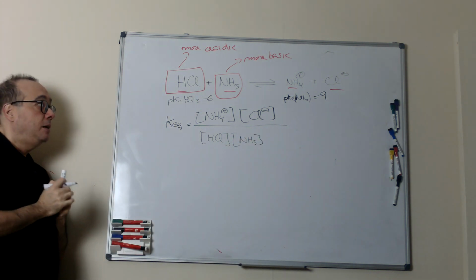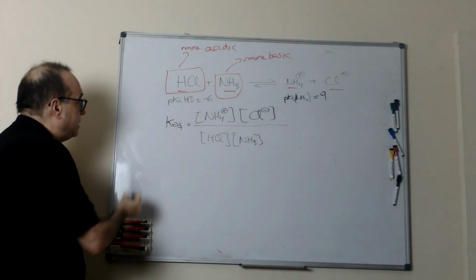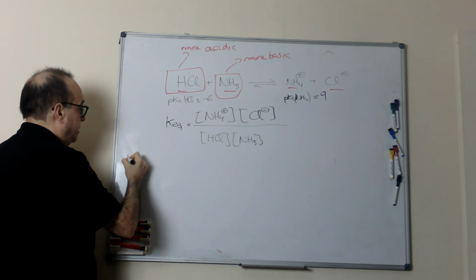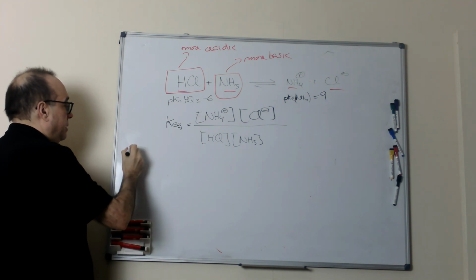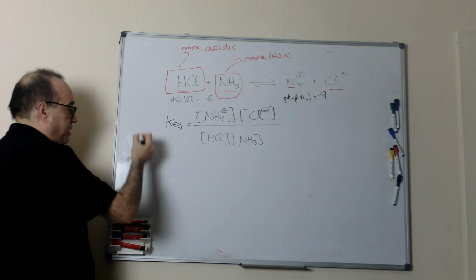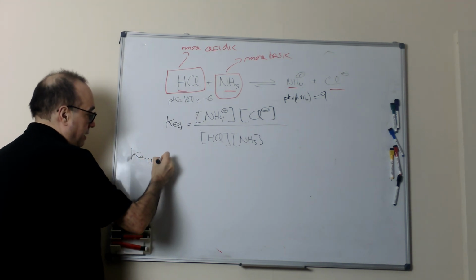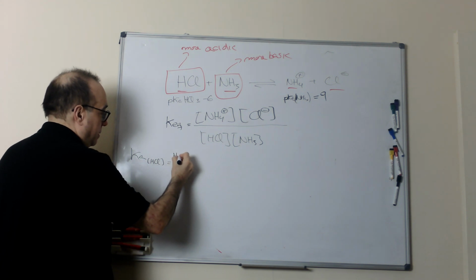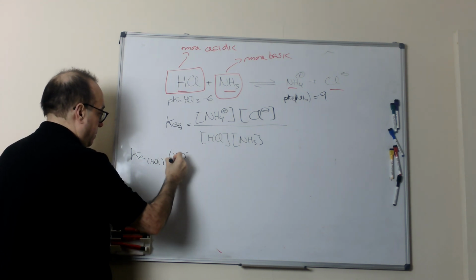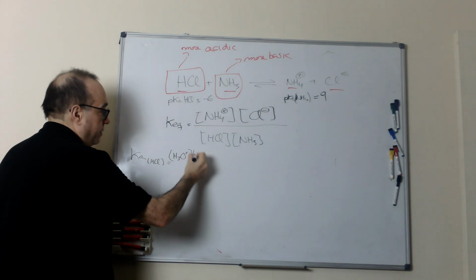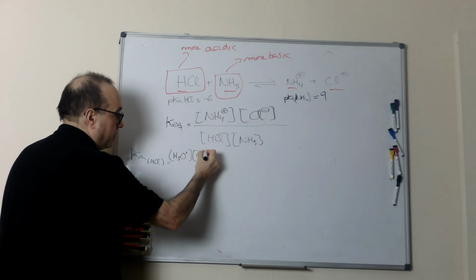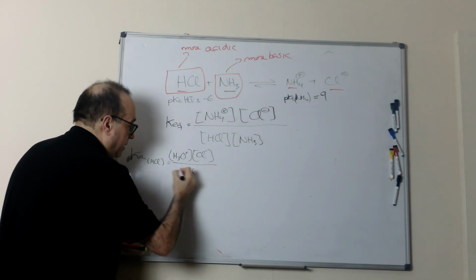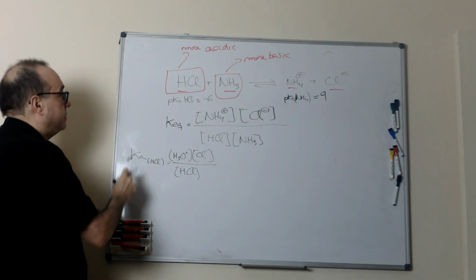On the other hand, we know that if the pKa of HCl is -6, it means that Ka of HCl is equal to the concentration of the products divided by the concentration of the starting materials.